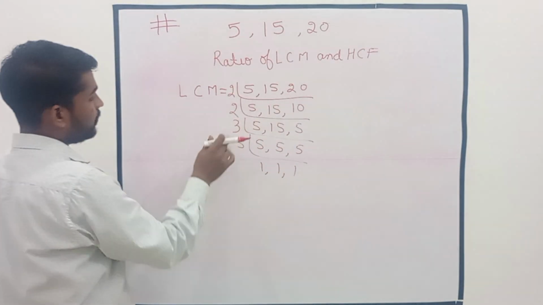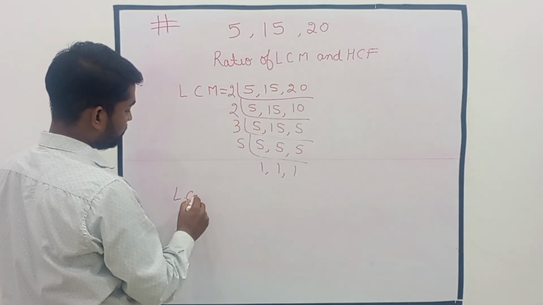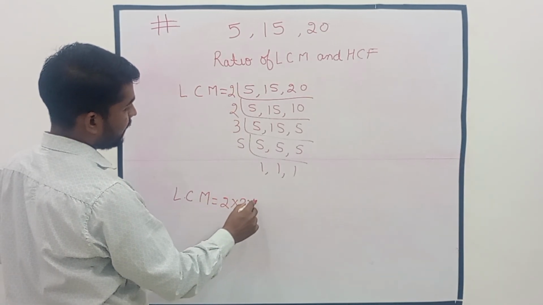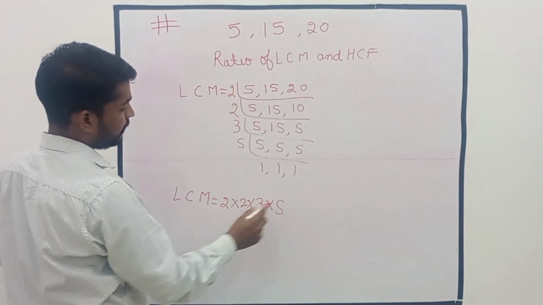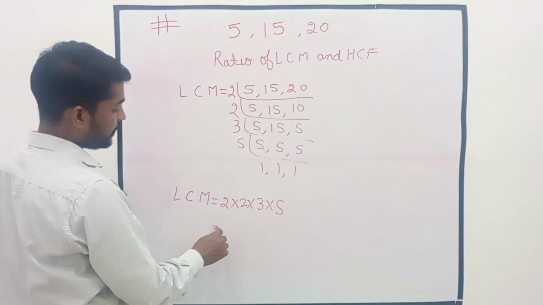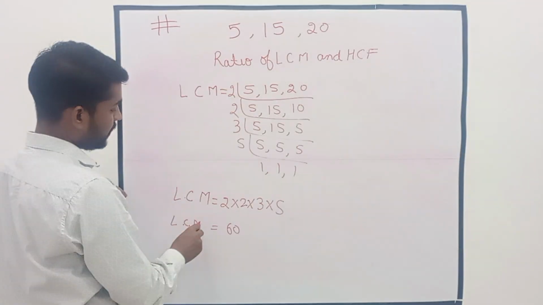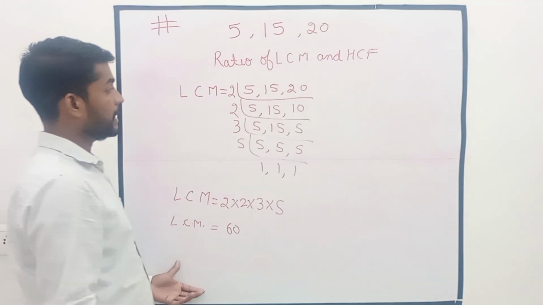That means the LCM is 2 multiply 2 multiply 3 multiply 5. 4 fives are 20, and 3 twenties are 60. That means the LCM is 60.